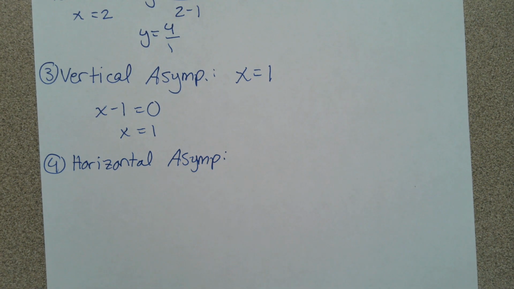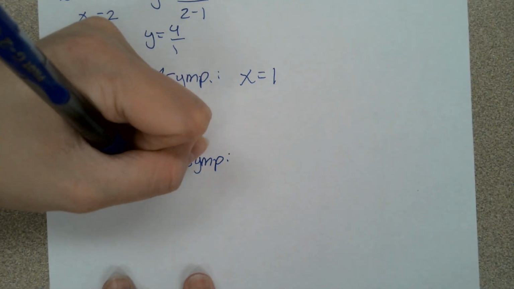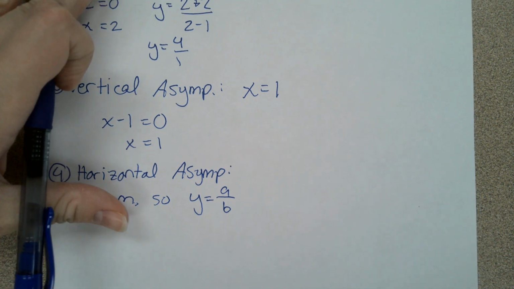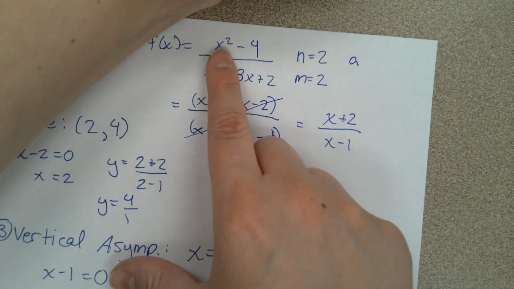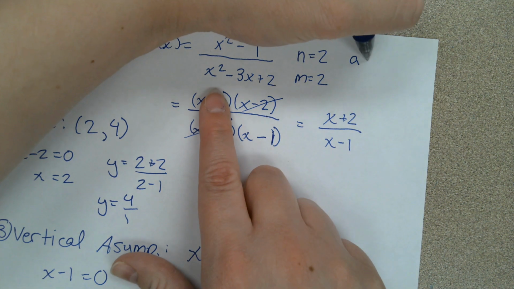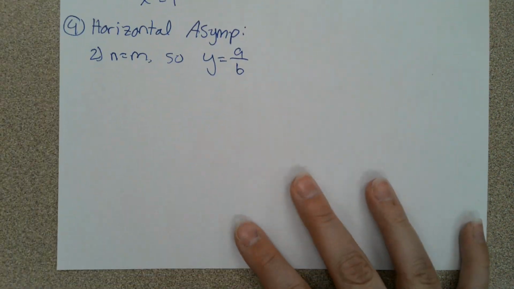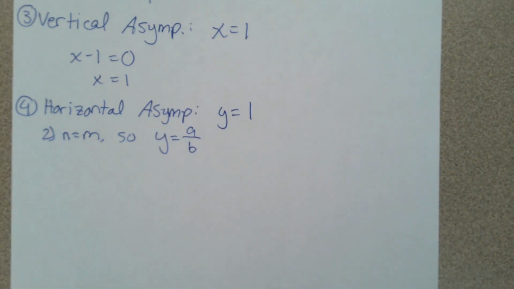There it is. Yeah, case number 2. n equals m, so y equals a over b. So let's go back up. These are the leading coefficients, and both of these are 1. So since it's 1 over 1, y equals 1.